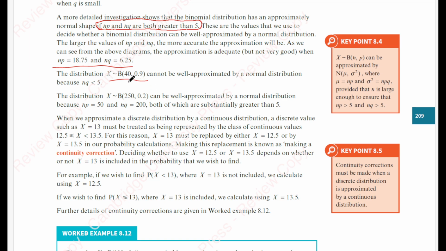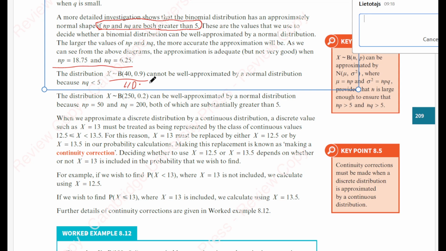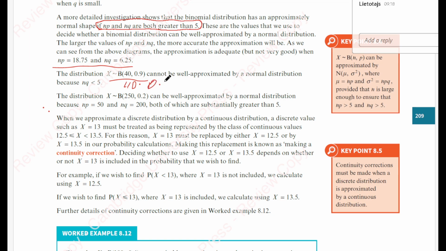So let me check: if you have 40 multiplied by 0.9, oh sorry, 0.1, how much is this? 4 times 1, it will be 4, which is less than 5. If it is 40 times 0.9, it will be 36, which is okay. But with 0.1 it will be less than 5, and it's not going to be a good approximation of a normal distribution.